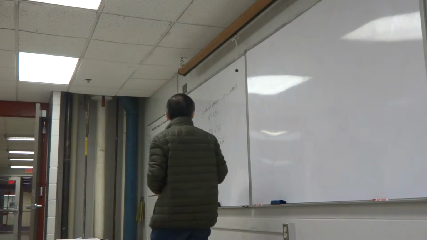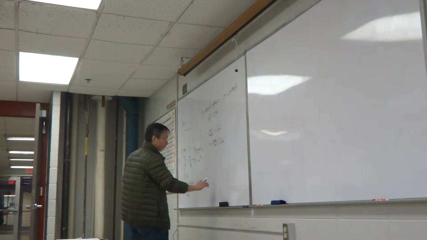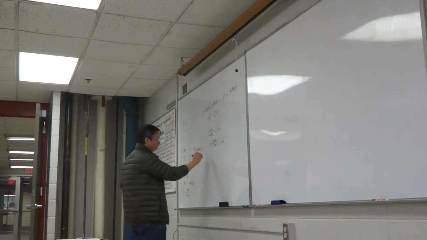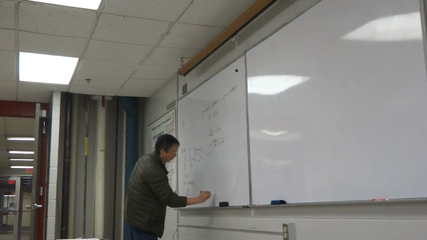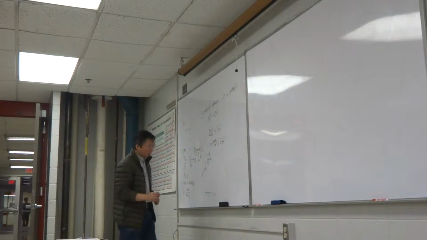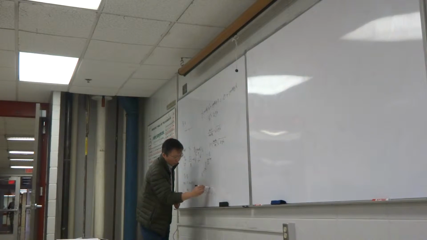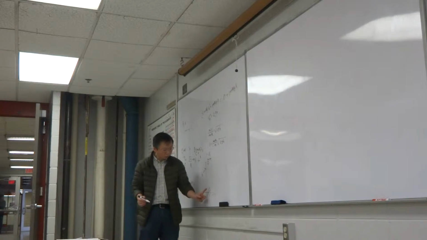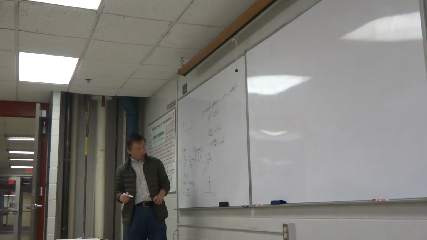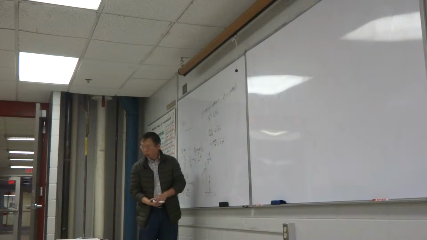Okay, the impulse. Let me draw the picture here. So the floor is right here. So the ball is dropped from this height, initial height h1 equals 1.5 meters. The mass is 14 grams. So when the ball hits the ground, the floor will exert a force on that ball upward.